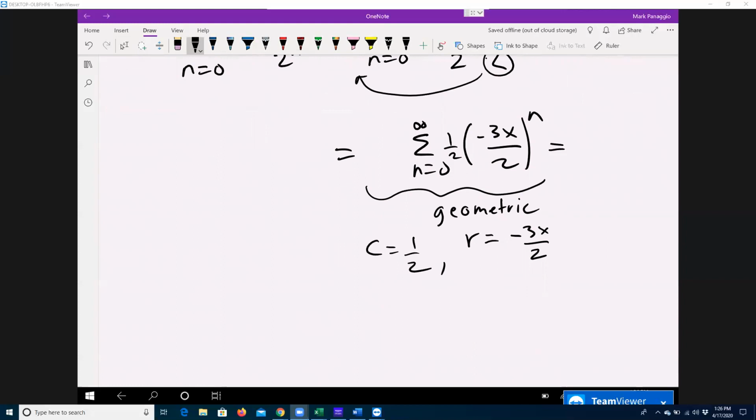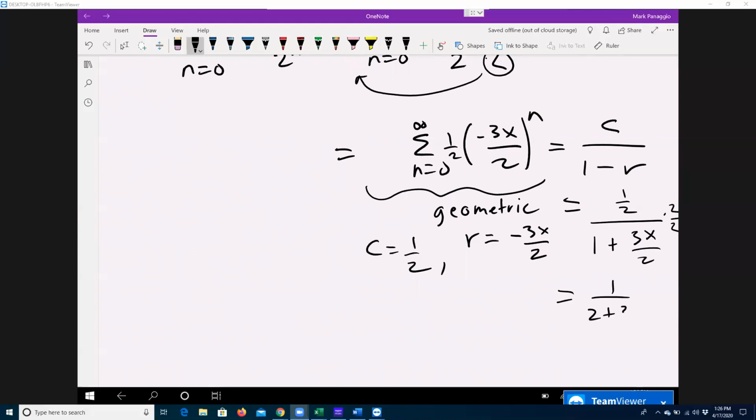They converge to just c over 1 minus r, which would be equal to 1/2 over 1 plus 3x over 2, which you could simplify to, if we multiply by 2 in top and bottom, 1 over 2 plus 3x. And so there we go. We know that our power series is just a power series for the function 1 over 2 plus 3x.